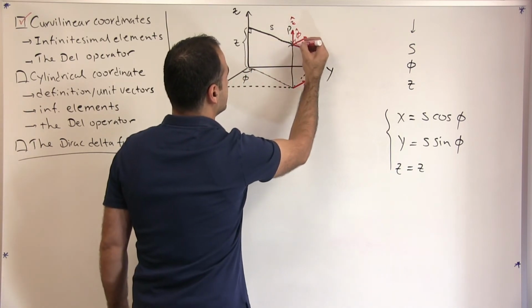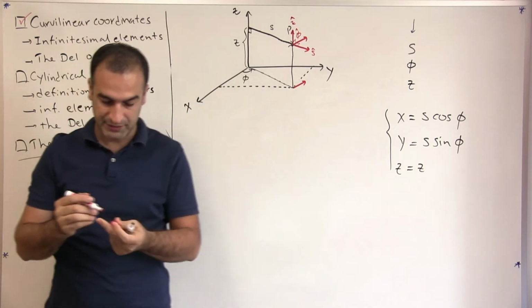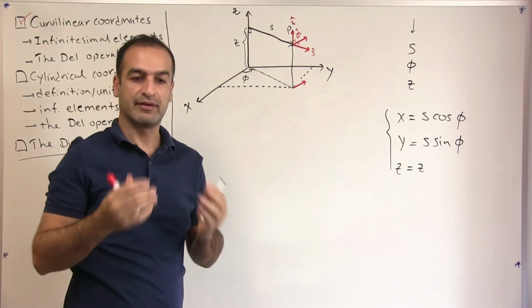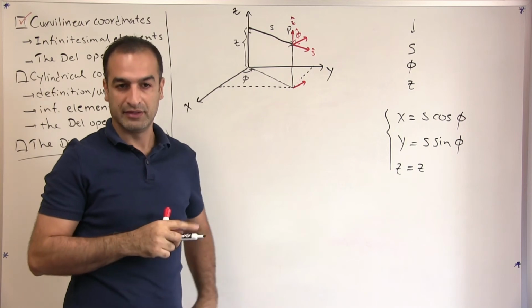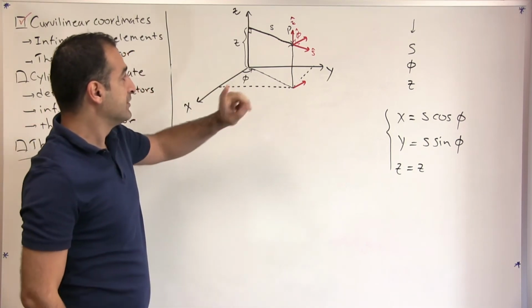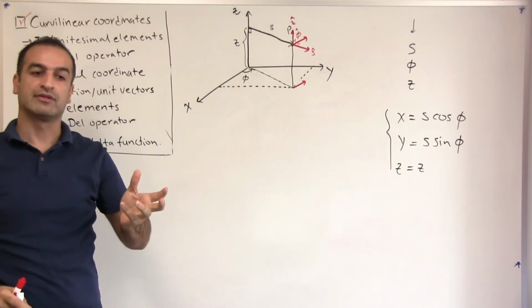Again, these are unit vectors that are mutually orthogonal to each other, and that's what we really like for a coordinate system. We want unit vectors to be orthogonal so that any other vector can be written in terms of the unit vectors. Similar to spherical coordinates, the unit vectors s hat and phi hat are not absolute constants.